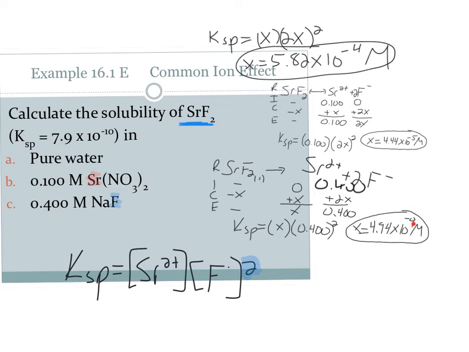It's quite a bit of difference between the strontium and the fluoride, and that's because the fluoride has a squared relationship to the Ksp. So if you're looking for common ions to see which one will lessen the solubility more, the one that has a higher coefficient will affect the solubility the most.